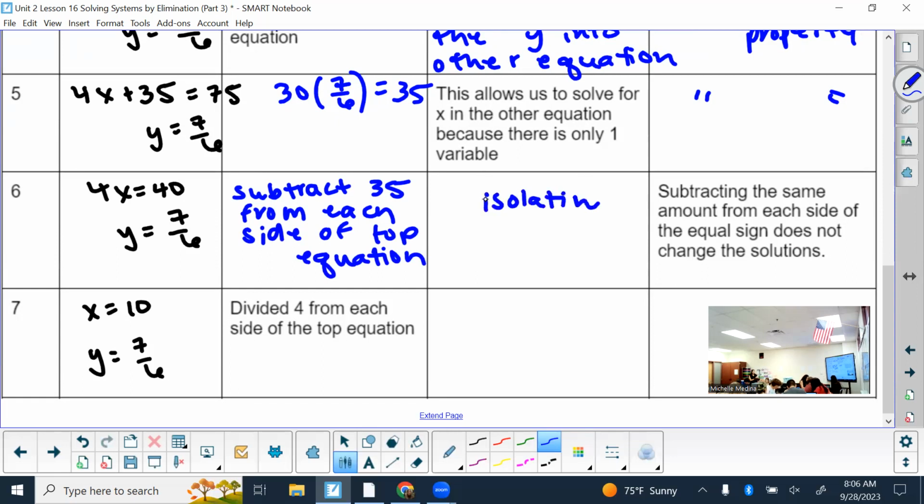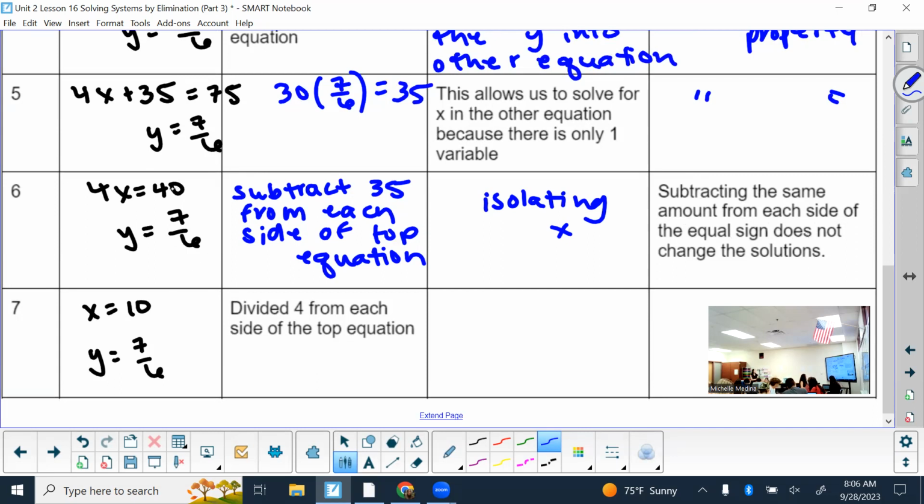I mean, it's not fully isolated yet, but that's what we're doing. Why it's still equivalent? Well, that would be your subtraction property of equality, and they say it a bit differently: subtracting the same amount from each side of the equal sign does not change solutions. In other words, that's your subtraction property of equality.